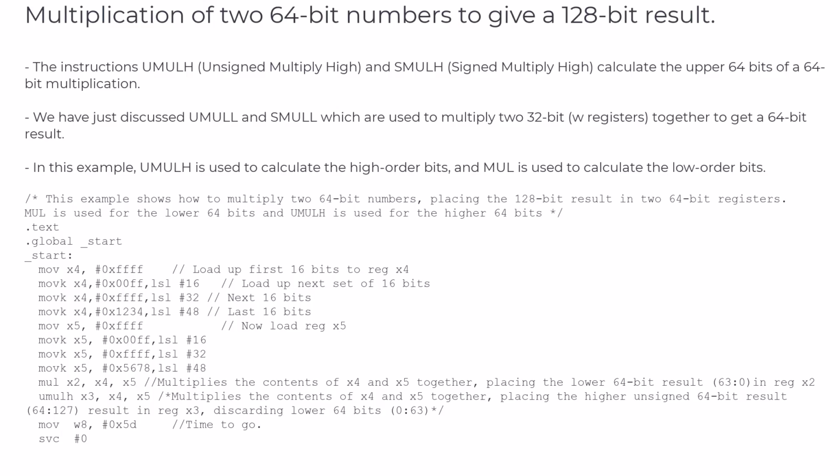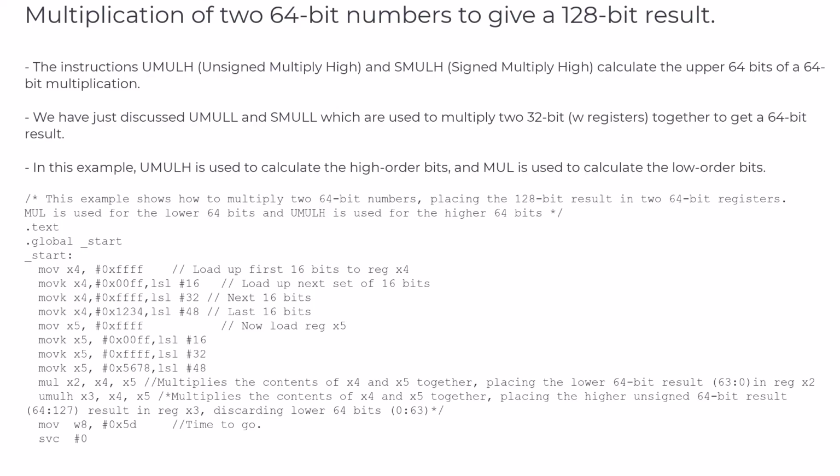The next program is going to multiply two 64-bit numbers together, which will generate a large 128-bit result. We have already seen that we can multiply two 32-bit W registers together to make a 64-bit number. The instruction has two forms: a 32-bit format with W registers and a 64-bit variant using the X registers.